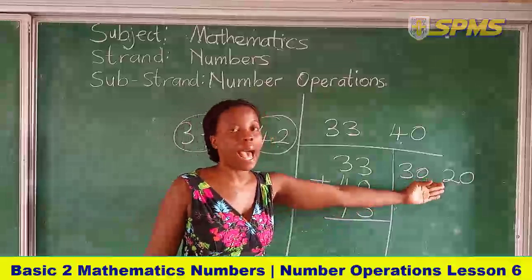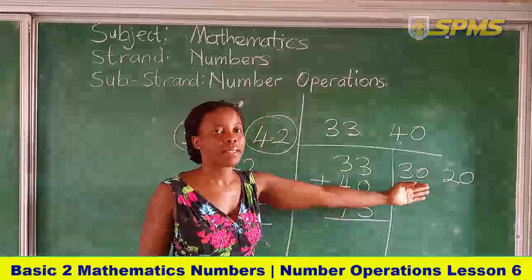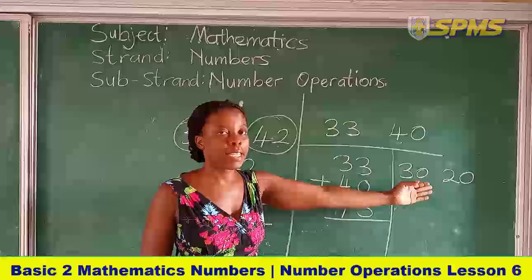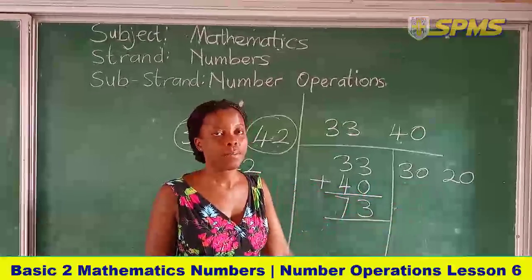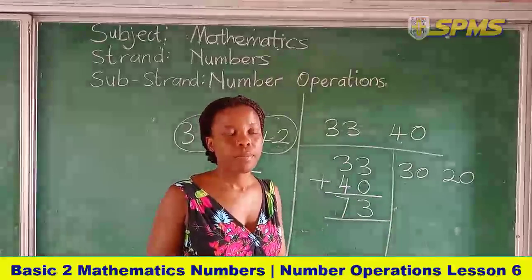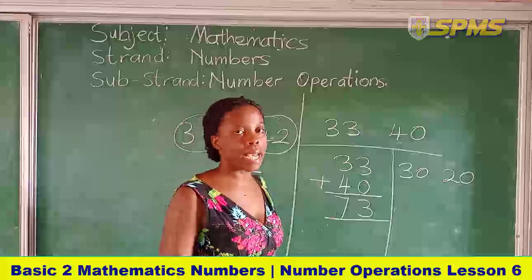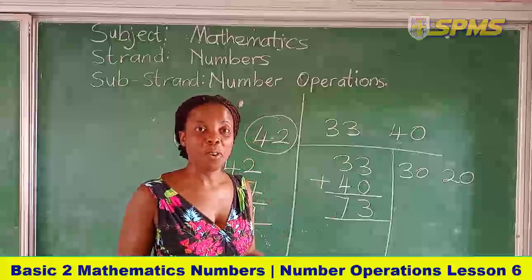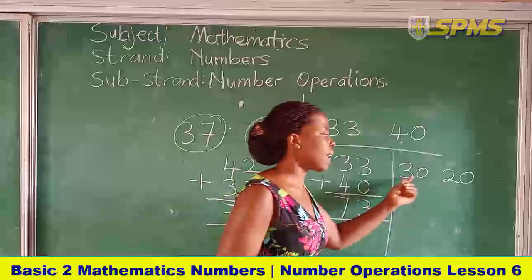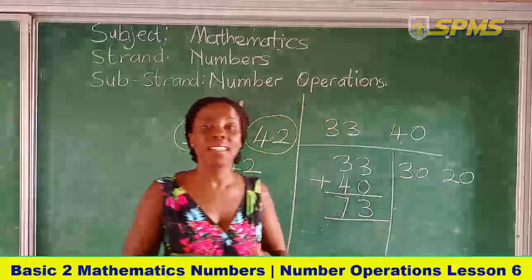These two numbers are in tens. What do you do? You quickly pick the numbers, then you add the 0.